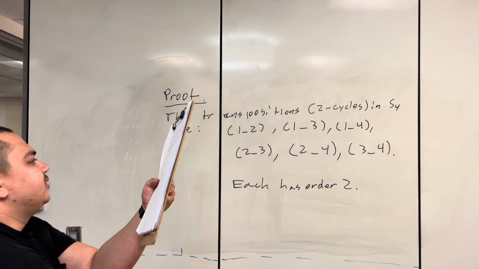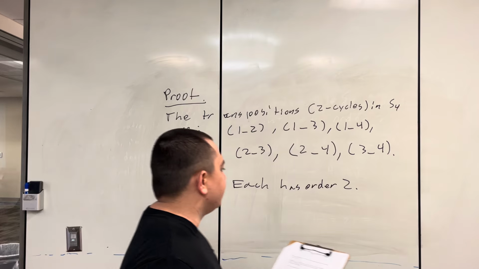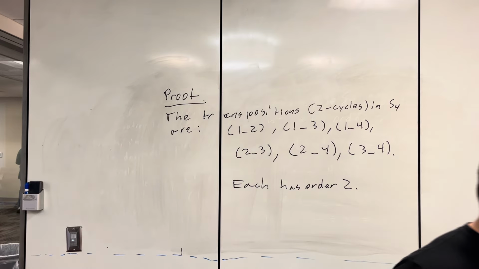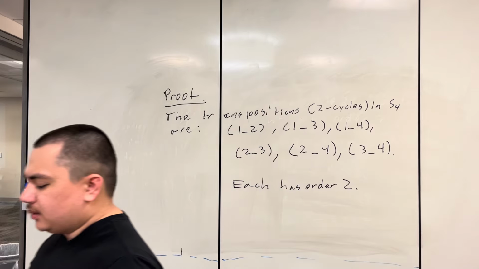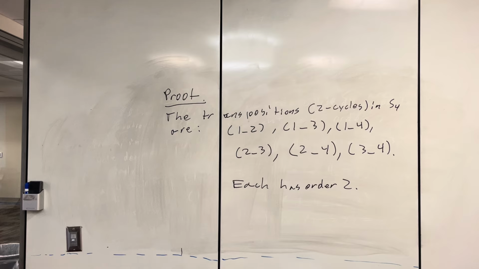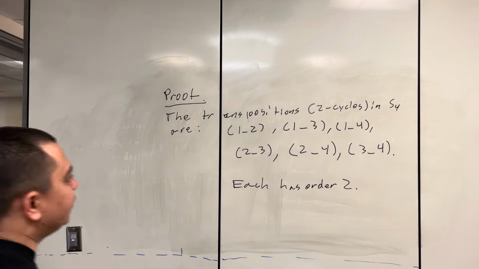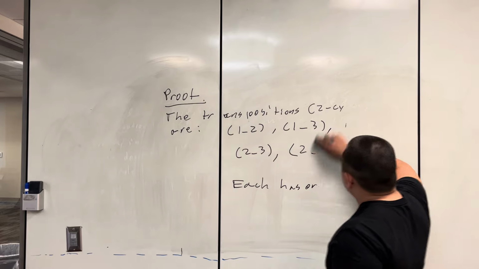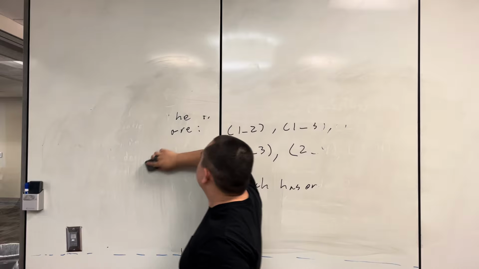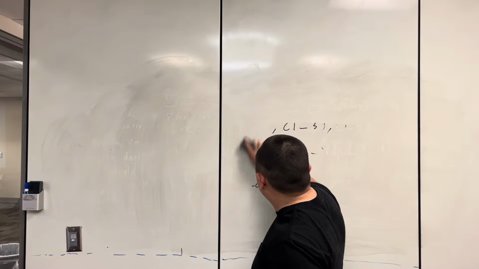So the transpositions, 2 cycles in S4, are these. Now, how about the products of 2 disjoint transpositions in S sub 4? Those each have order 2 for their disjoint cycles, and we can progress that way, looking at them as such.